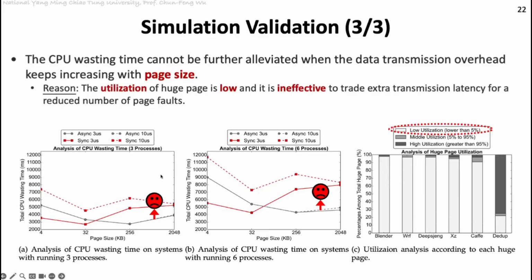We made a deeper evaluation on each page. We find that when we use a huge page, like 2 megabytes, in most cases the huge page shows low utilization. Low utilization means only less than 5% of the data inside the 2 megabyte huge page is really accessed.